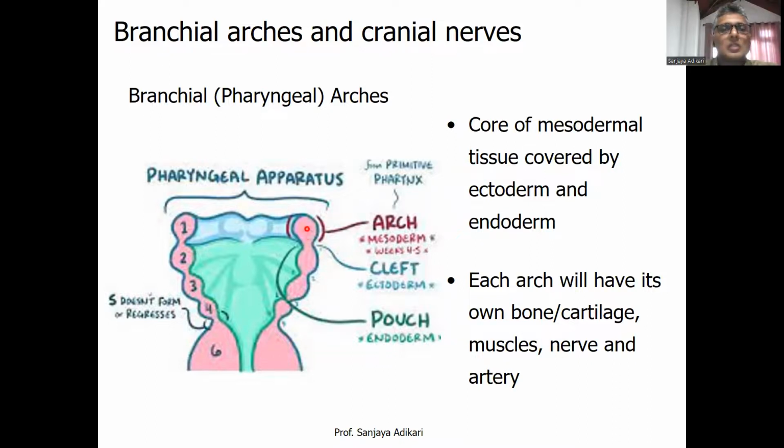So there is a specific arch nerve that supplies structures developing from that, and a specific arch artery. We are not concentrating very much on the artery anyway. We especially go by the nerves because nerves remain without much change. So I have mentioned it here, each arch will have its own bone, cartilage, muscle, nerve, and artery.